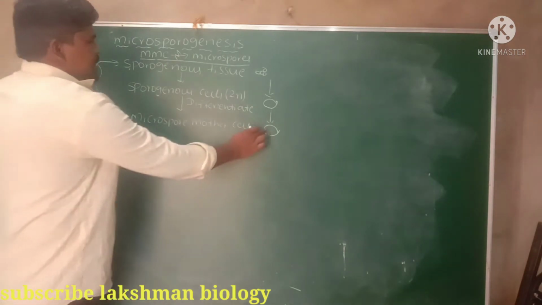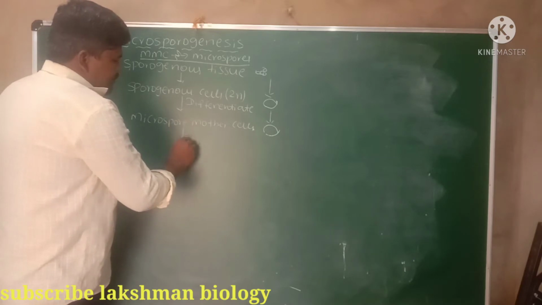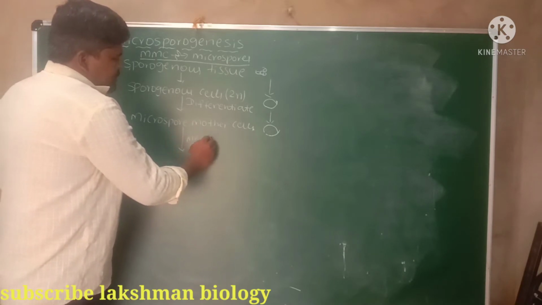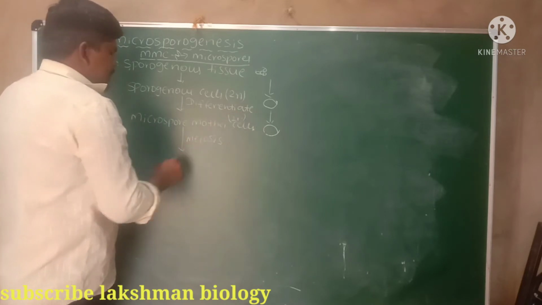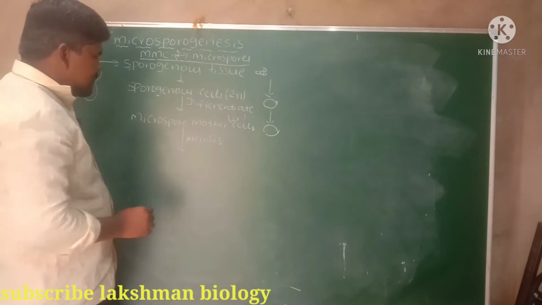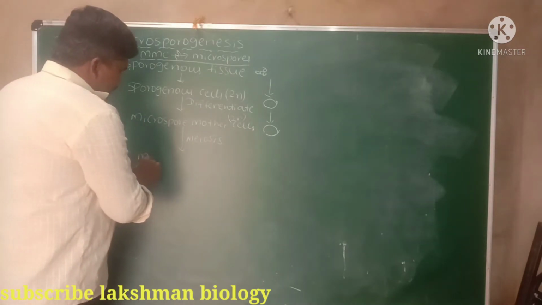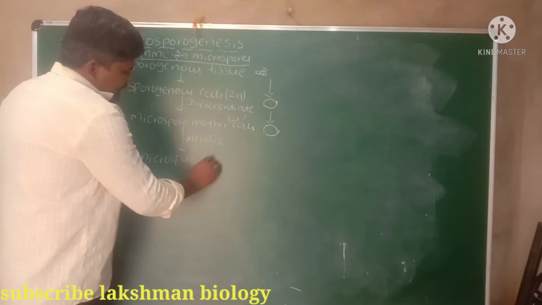See, this is the microspore mother cell. The microspore mother cell is also diploid. The diploid microspore mother cell is involved in meiosis and forms the microspore tetrad.